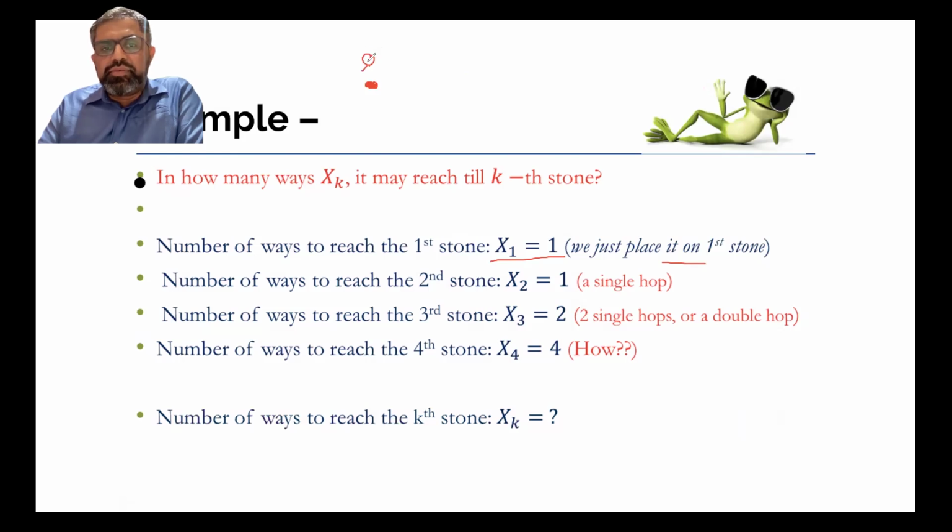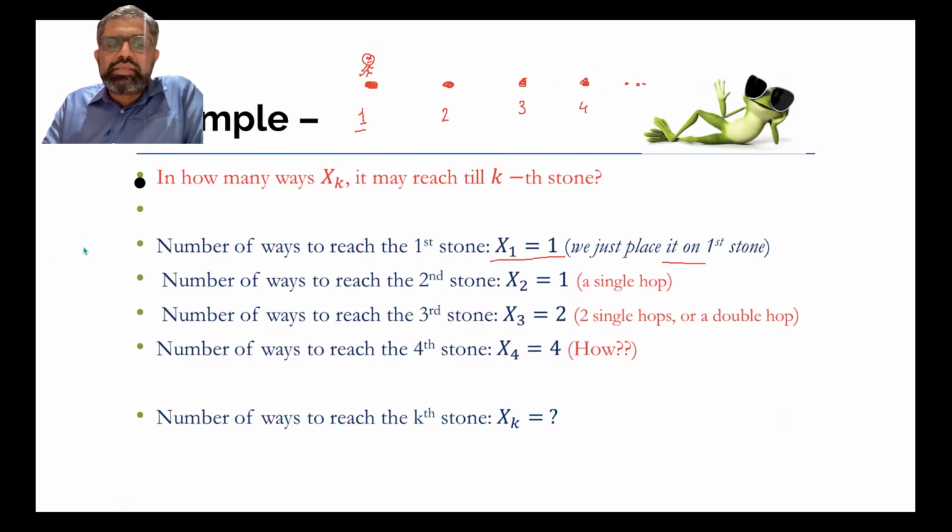I'm just drawing my own frog, suppose it's a stickman frog. So this is stone number 1. At some places we can call it stone number 0, but over here let's call it stone number 1. And this is stone number 2. This is stone number 3. Suppose stone number 4, and so on. We keep on going ahead.